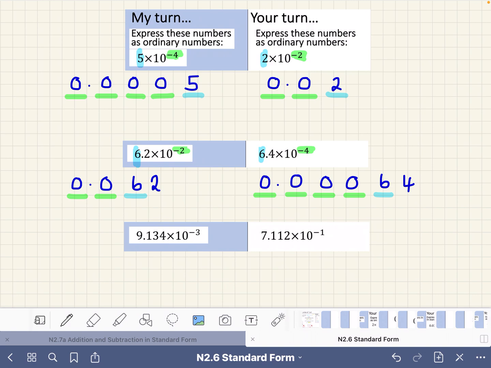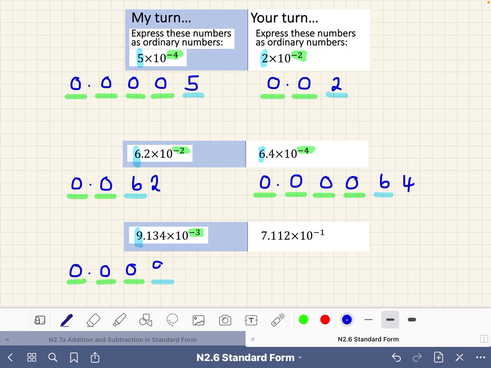9.134 multiplied by 10 to the minus 3. Minus 3 tells us there are 1, 2, 3 spaces before we reach this 9. That means these spaces are filled with 0.00.